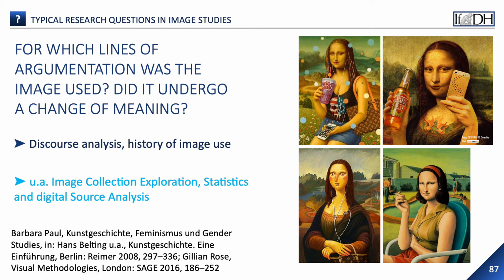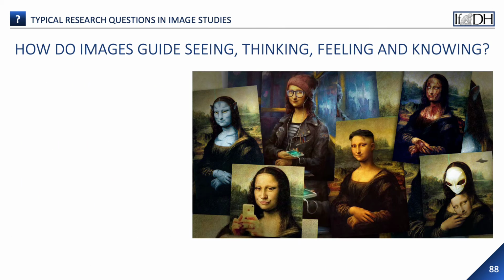And here too, a computer-assisted look at the breadth of images can help, as offered by image collection exploration or statistical evaluations of image types. In addition to the concrete use of images and the social discourses that are carried out with them, image studies is also interested in how images fundamentally guide seeing, thinking, feeling, and knowing.